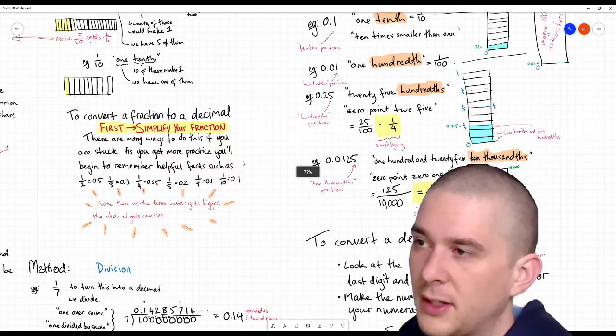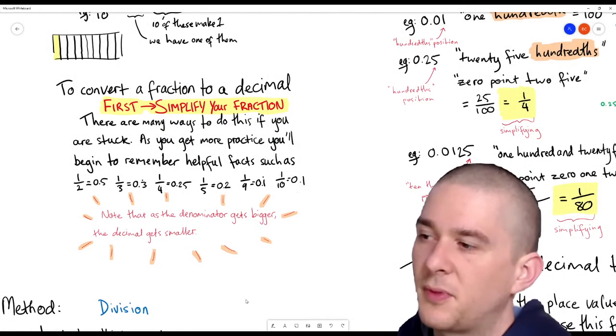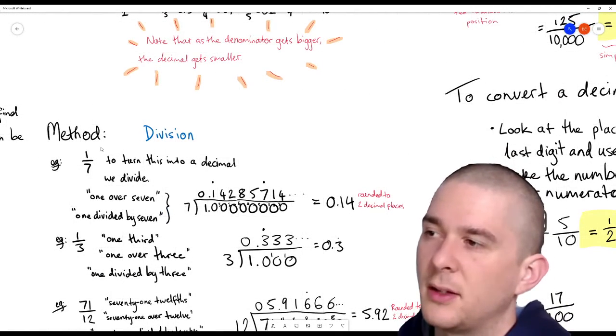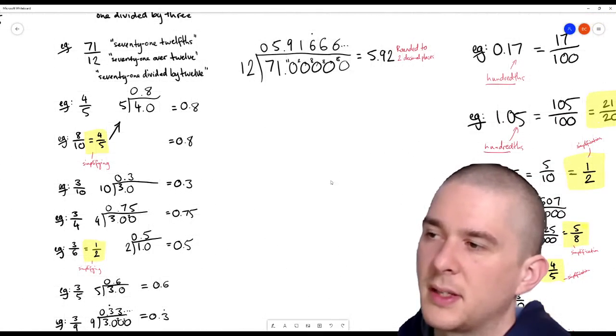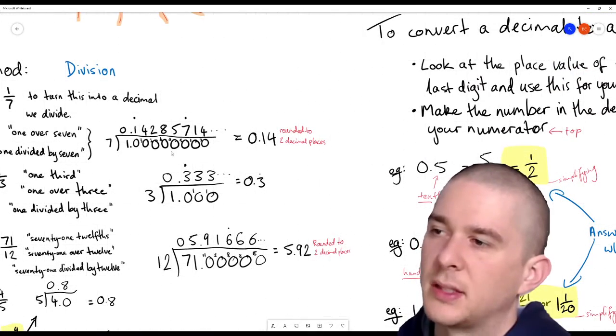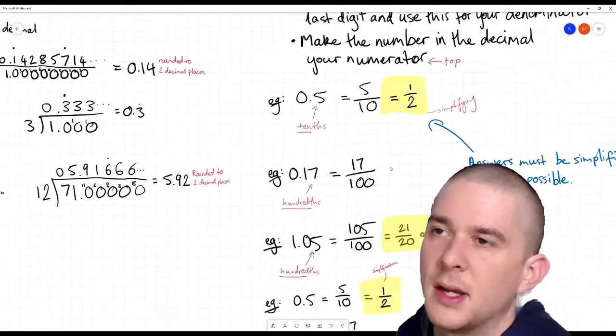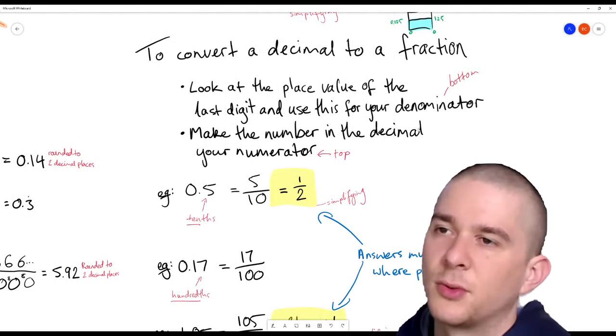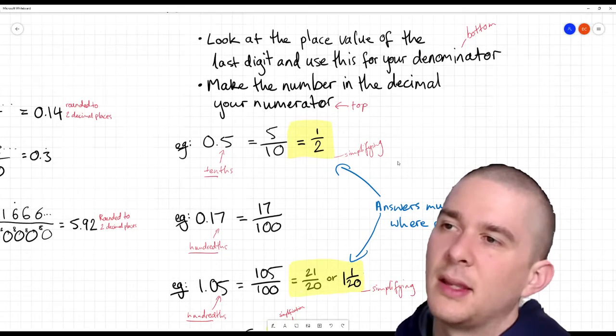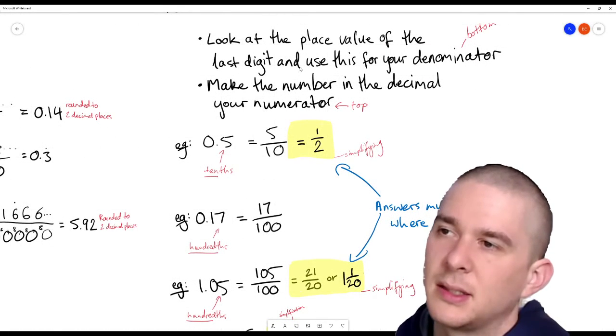So, converting between fractions and decimals. To go from a fraction to a decimal, we simplify the fraction and then we divide. Numerator divided by denominator. We looked at a lot of examples of those. The ones I did were perhaps harder than the later examples here. And then to convert a decimal to a fraction, we look at the place value of the last digit.